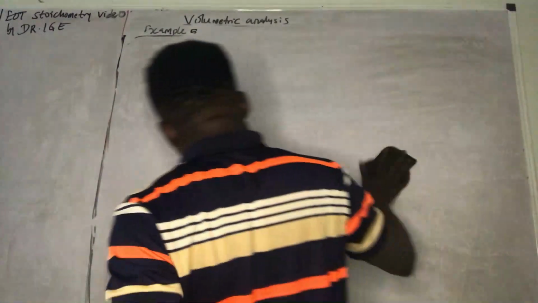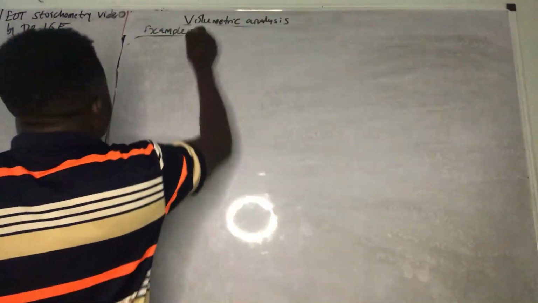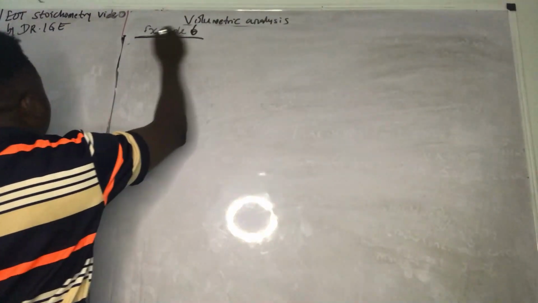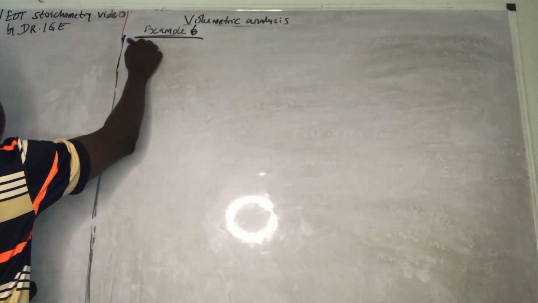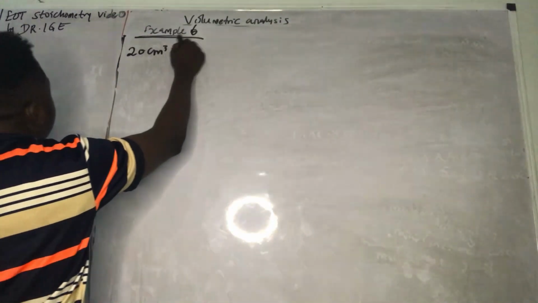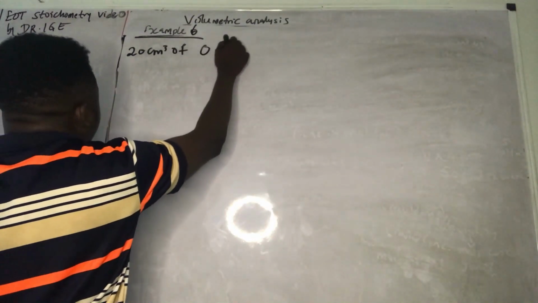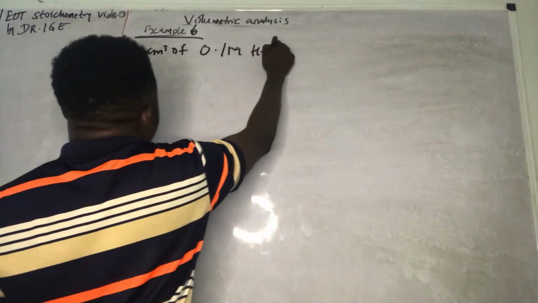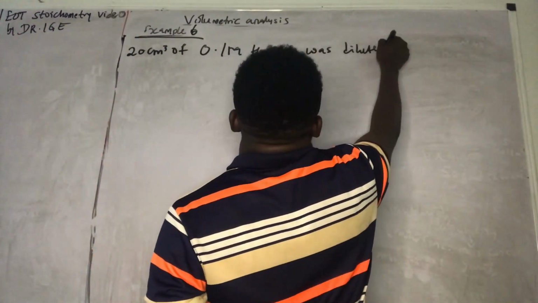Then let's take one more example, example 6. Example 6 says 20 cm3 of 0.1 mol/dm3 HCl was diluted.